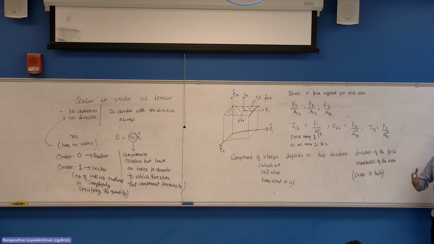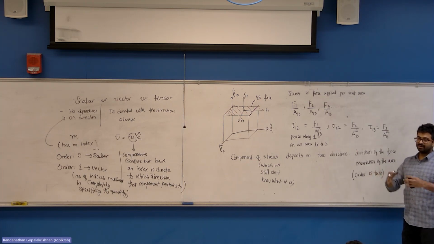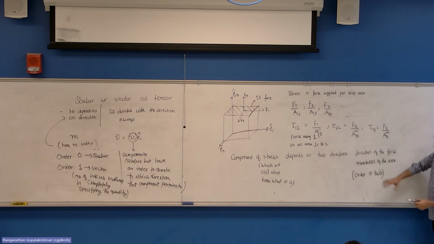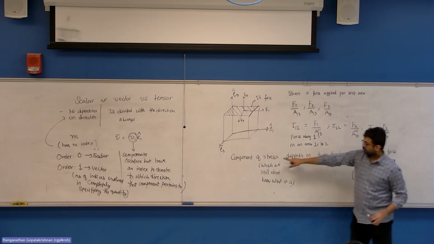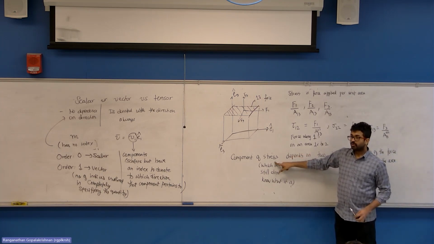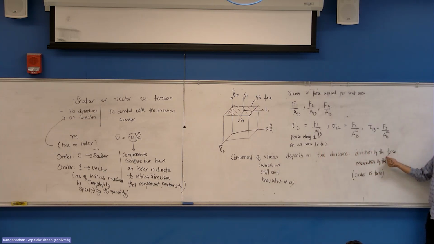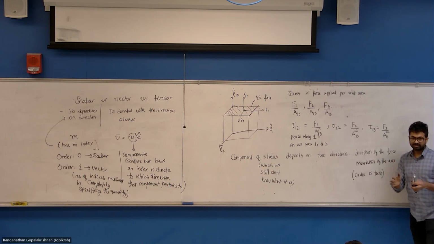But if you are into novel exotic materials, they have properties that depend on 8 different orientations. So to change something at a point, you have to do something in some other directions. But is this connecting with you? The stress at a point, the component of stress, if you want to specify it completely, you need to know what's going on in two directions. What is the direction in which the force itself is applied, and what is the orientation of the area with respect to that force. I keep saying that two is the order, because two directions determine that component.